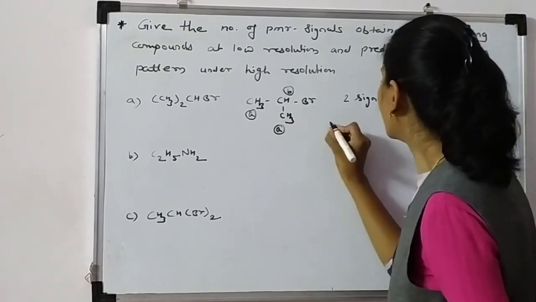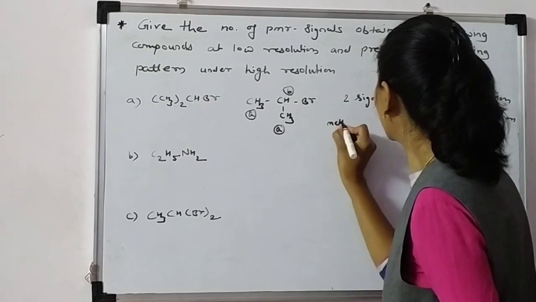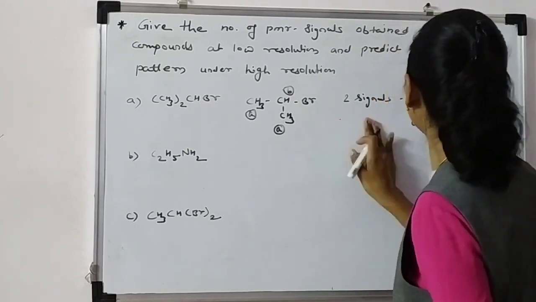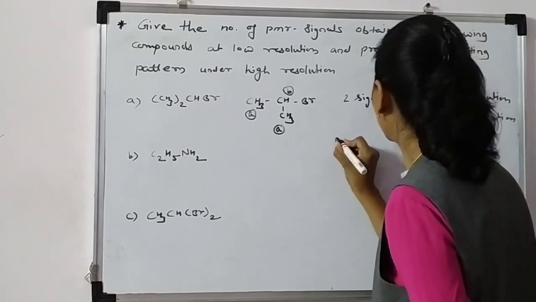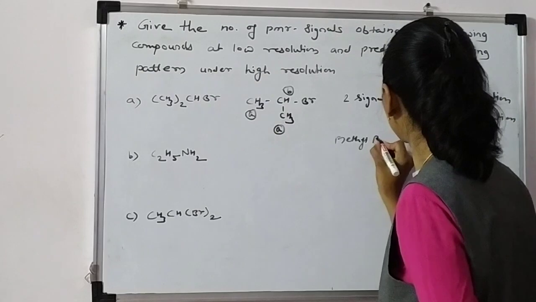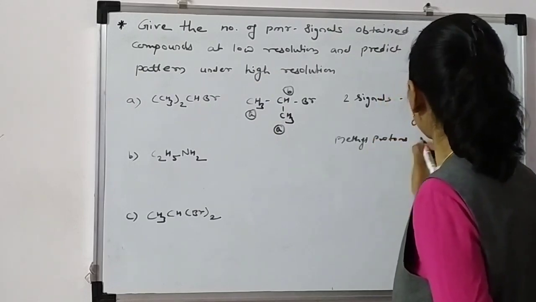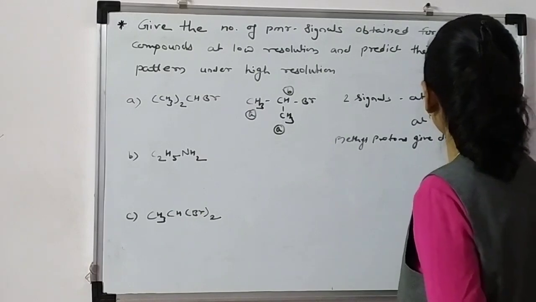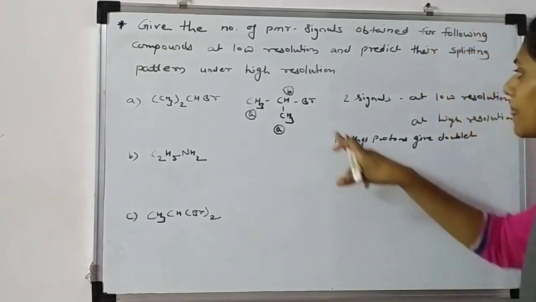So methyl protons at high resolution give a doublet.